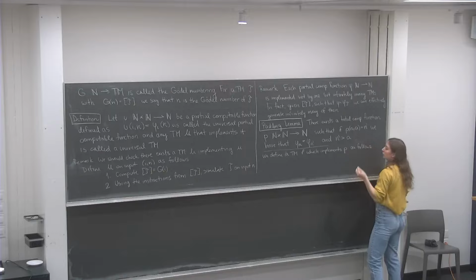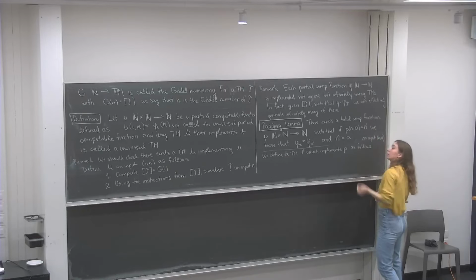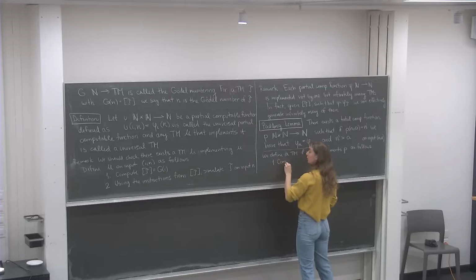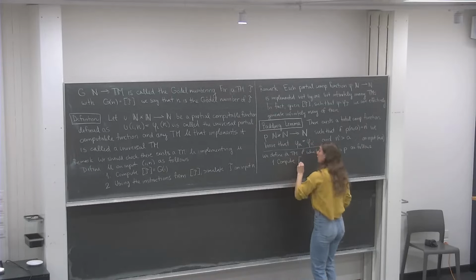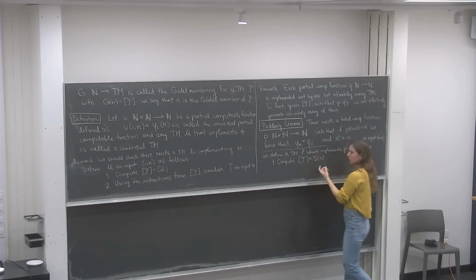On input n, a, compute the description of the Turing machine with the Gödel number n.